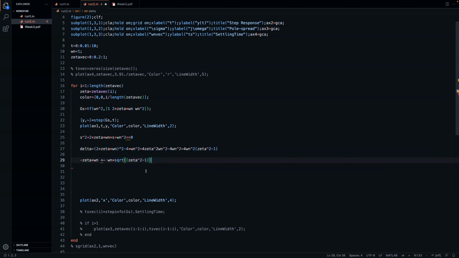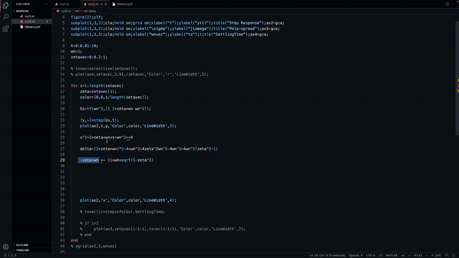Now, this is basically a solution that we could be happy with, but another small trick that I'm going to use here is to revert this into 1 minus zeta squared to have a j here, so that this part becomes the imaginary part, and this part becomes the real part of our solution.